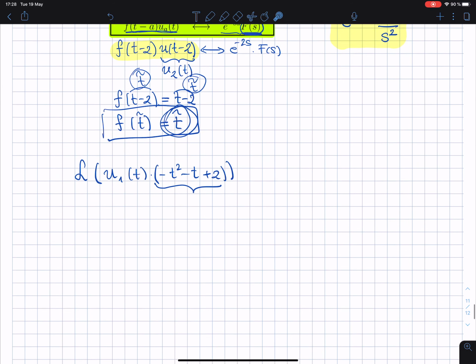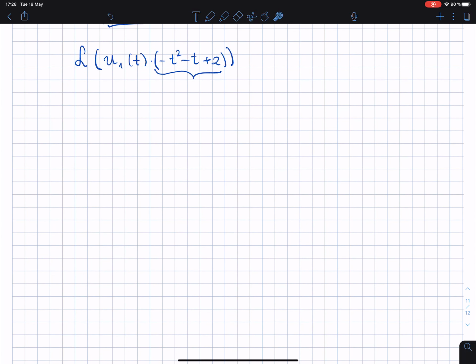So I need to rewrite it in such a way that t minus 1 appears. So our work here is to rewrite u of t minus 1 that multiplies minus t squared minus t plus 2. I would like it to be very easy to see which function it is when I'm applying this change of variables, but now it's very difficult. So I need to rewrite this in such a way that it appears this t minus 1.